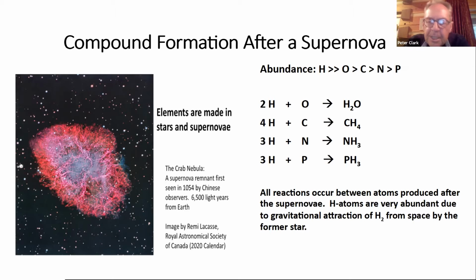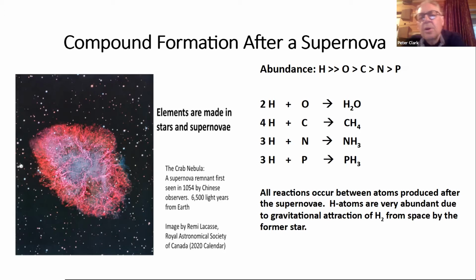Now, you might be arguing, well, the star has consumed most of the hydrogen, so there's none left. But in fact, there's a lot of hydrogen in space around a star, because the gravitational well of the star attracts hydrogen from interstellar space. So there is always hydrogen being sucked in to a solar system with a large star.